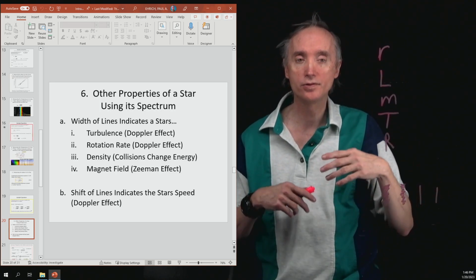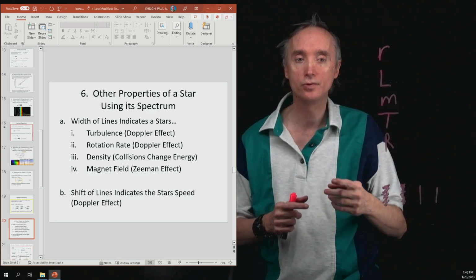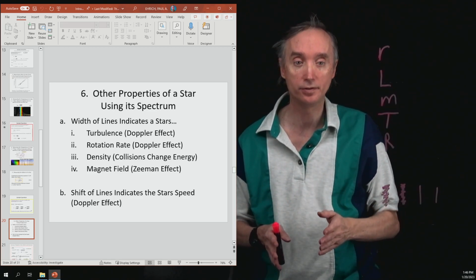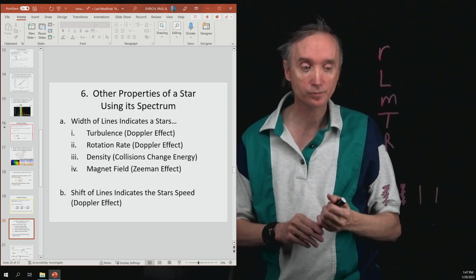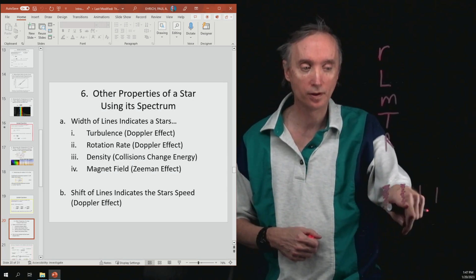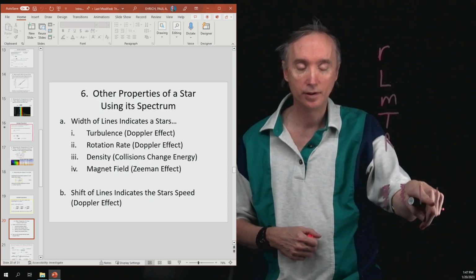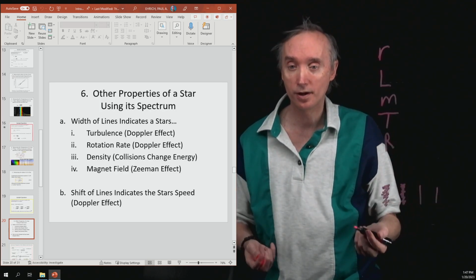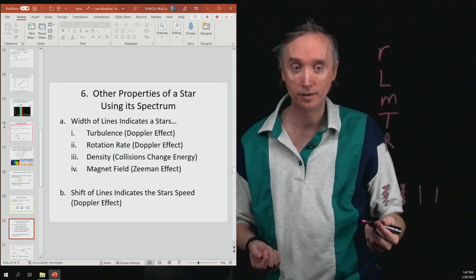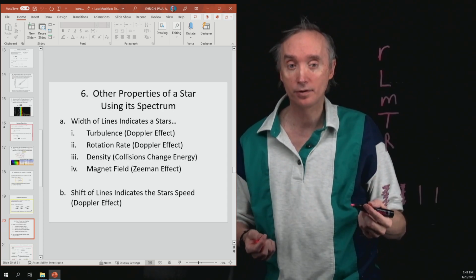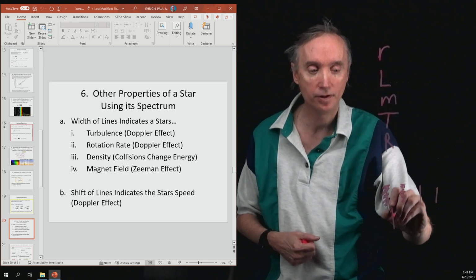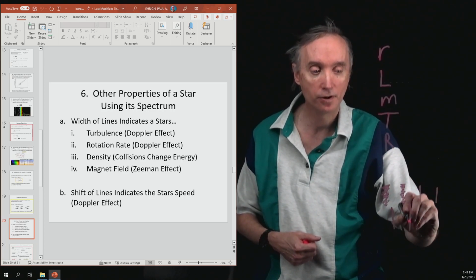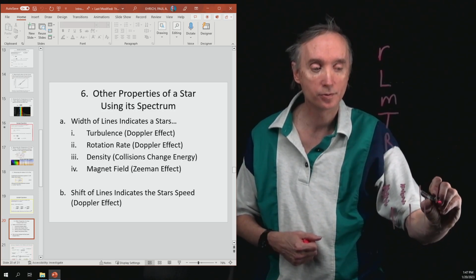And then we could also look at whether those lines are shifted, and we called that the Doppler effect. So if this is where the lines are in the ordinary laboratory, but then when you look at them through your telescope, it turns out that this line is over here, and this one's over here, and this one's over here, and this one's over here.